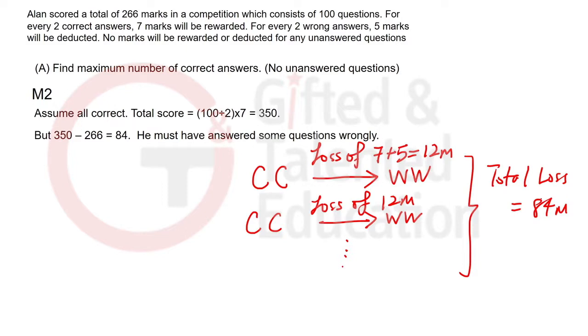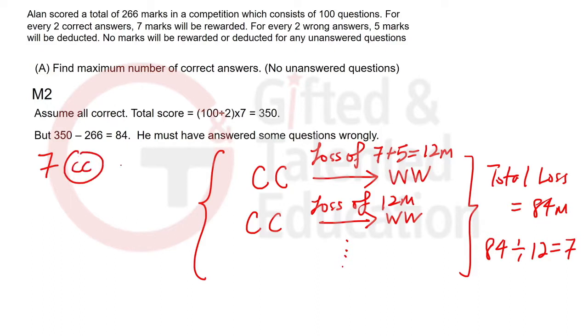So the goal is to find out how many pairs of correct answers are being replaced by how many pairs of wrong answers. We can do so by taking 84 divided by 12 to give us 7 such pairs, which means that we have replaced 7 pairs of correct answers by 7 pairs of wrong answers.